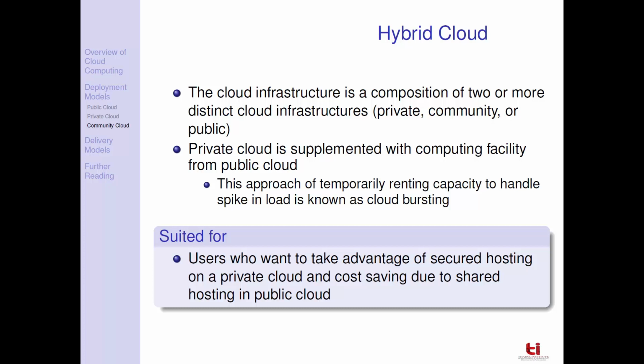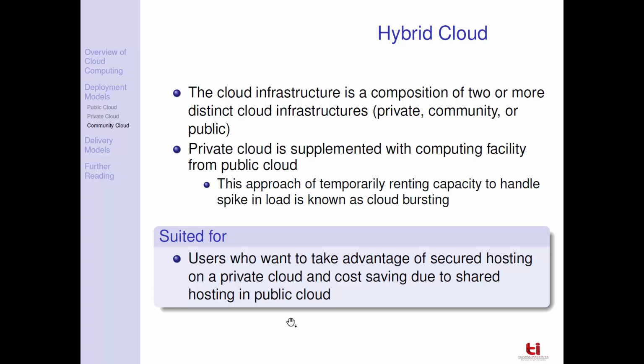This is known as cloud bursting. Let us look at this. Private cloud is supplemented with computing facility from public cloud. The private cloud is already there, and resources will be added on from a public cloud. This approach of temporarily renting capacity to handle a spike in load is known as cloud bursting.